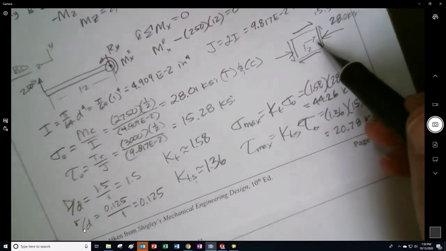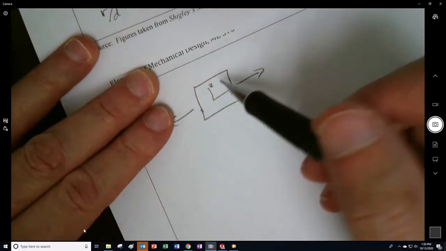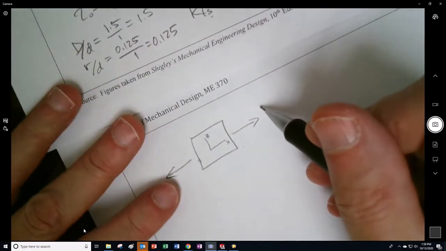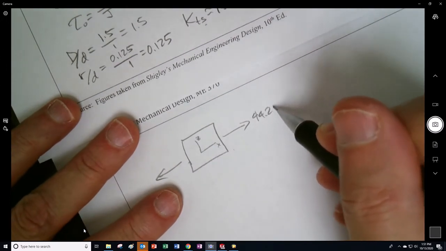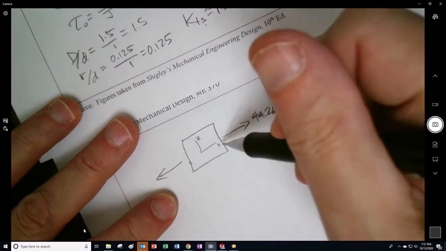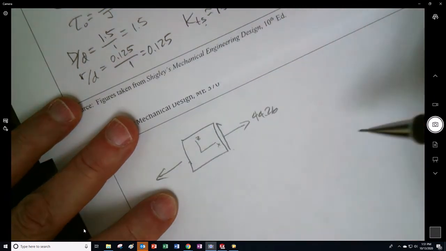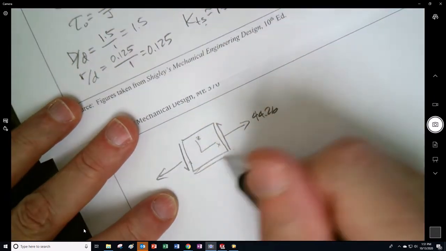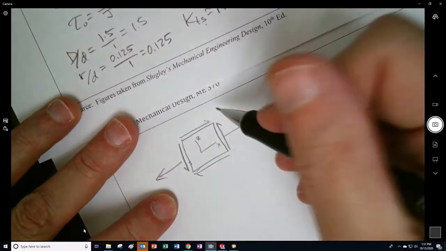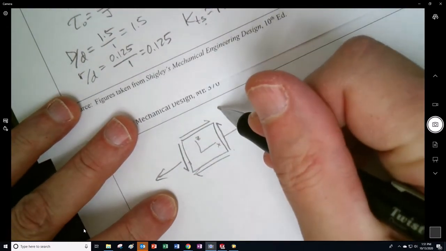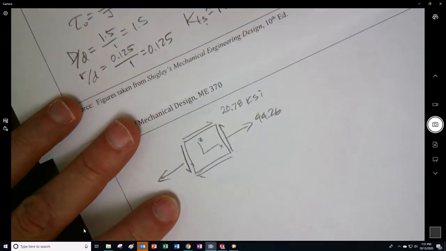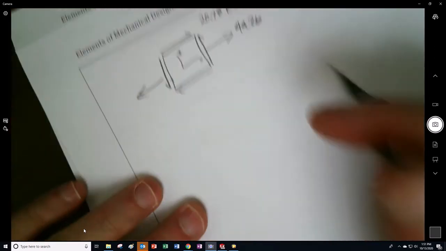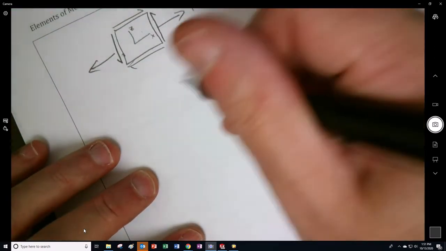We've applied the stress concentrations of 44.26, and I believe the shear is still going to go in that direction. And this is the 20.78 KSI. So let's take a look at the principal stresses.